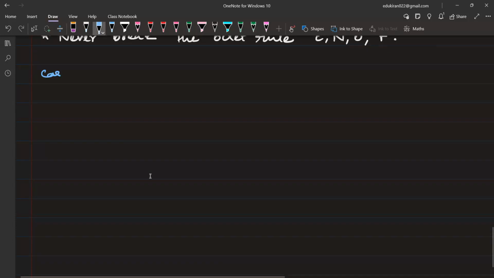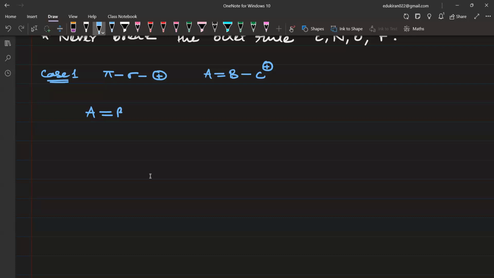We'll understand case 1. In case 1, we have pi, then sigma, and then positive charge. The condition is A double bond B, single bond C, and C is going to have a positive charge. I will explain by this particular example. So the most electron rich side that you can see is the pi bond here, and the pi bond will move towards the positive charge and it will neutralize the positive charge.